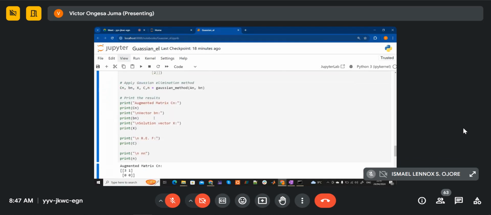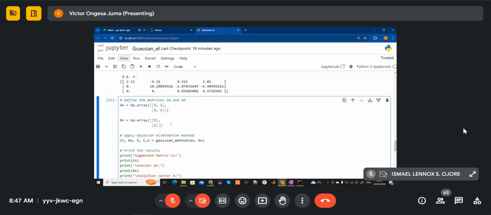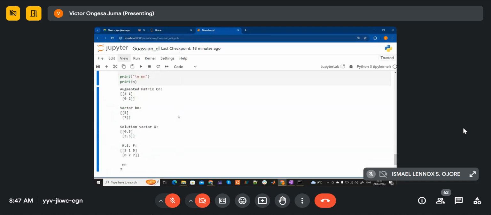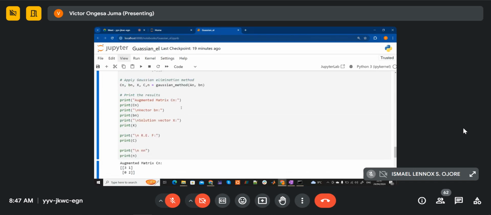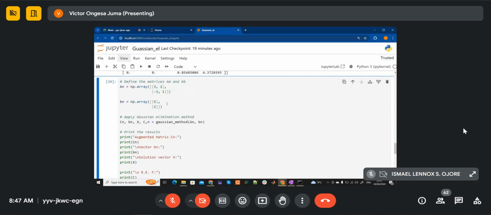But once I put this -3, where you just add, this works. So why does this work and the other one does not work?